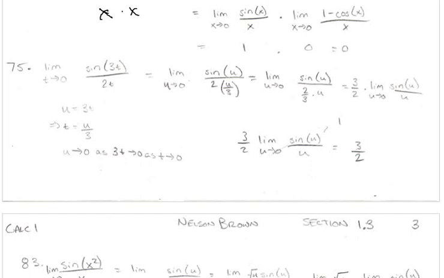So it says, now by letting y equal 4x and observing that as x goes to 0, only if y goes to 0, you can write, etc. What that is doing is saying, hey, I have something that very much looks a little bit like sine of x over x.